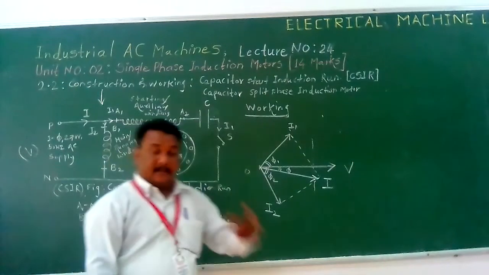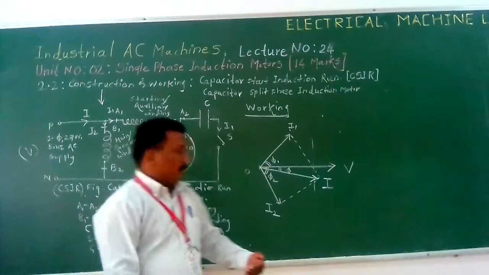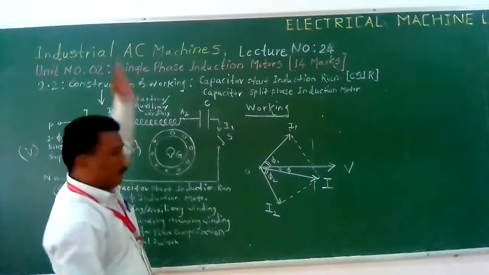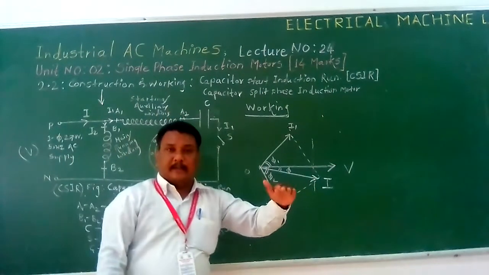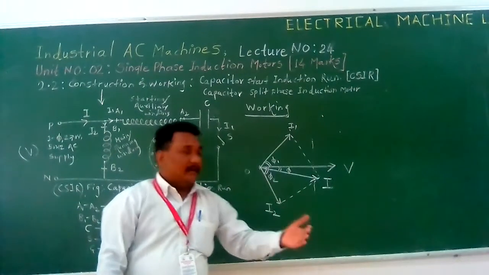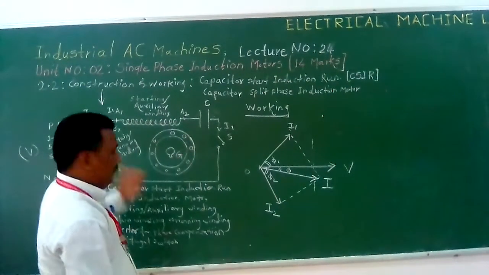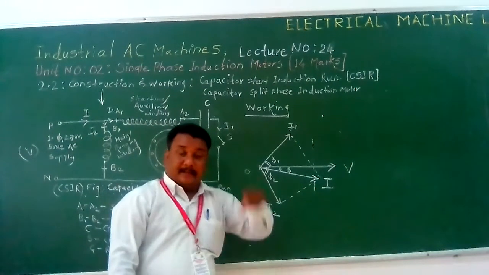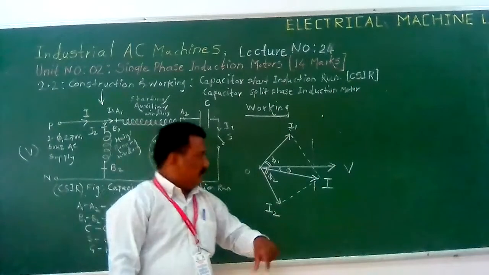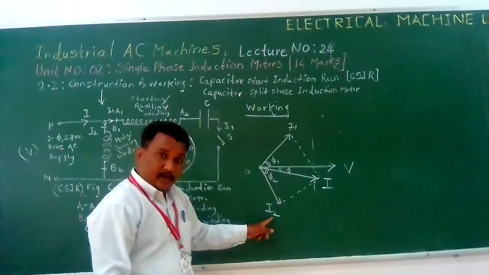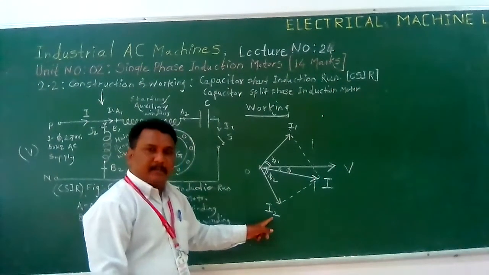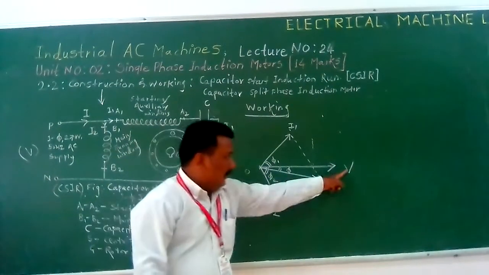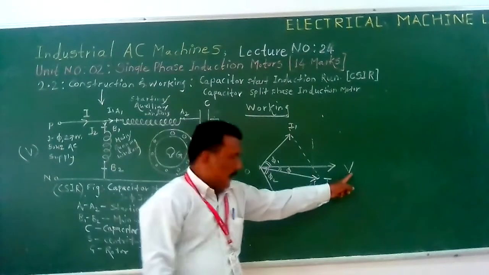Then what happens after 80% speed is gathered? The centrifugal switch opens. Then this circuit is out of the machine circuit, and only the main winding or running winding remains in the circuit, and the principle of electromagnetic induction applies. Here we know that the running winding or main winding is highly inductive, hence its current I2 lags behind the supply voltage or applied voltage.